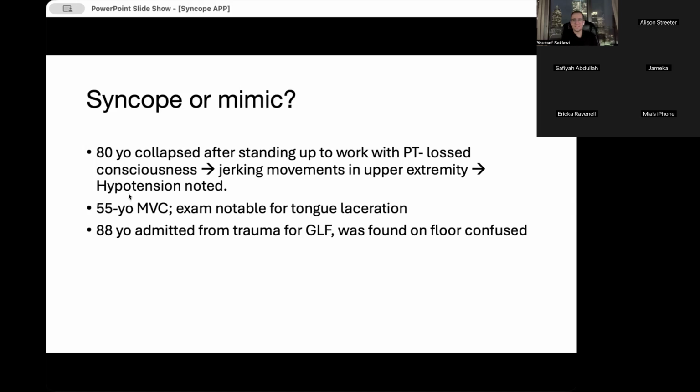Yeah. So it's like, is this a seizure? Is this cardiogenic? The answer is we don't know. And we should not be labeling this as syncope. Exactly, they were found on the floor confused, but could we even call this syncope?